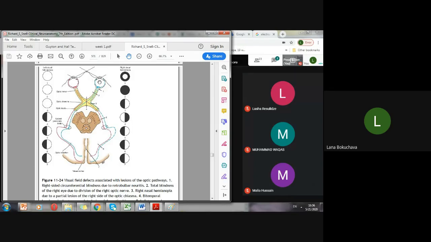For the lateral region of the eyeball of the right side, it will be the nasal visual field. For the medial side, it will be the temporal visual field. That's why normally it is a contralateral visual field problem, you see?